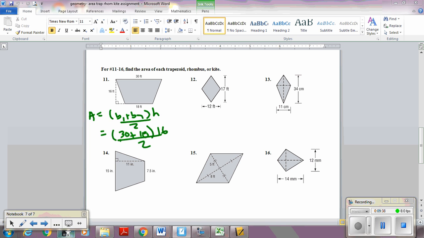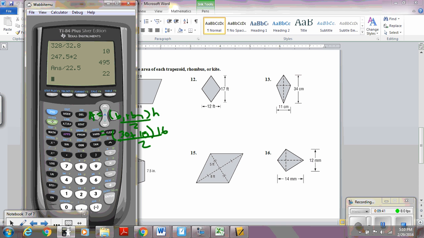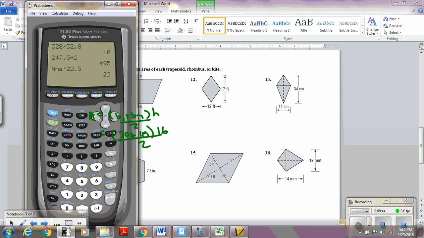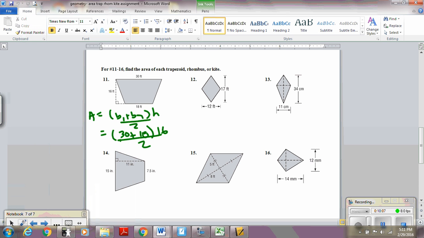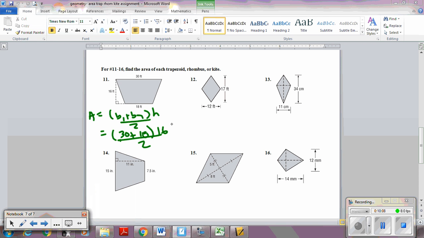Grab the calculator. 30 plus 18 times 16 over 2. 384 feet squared.